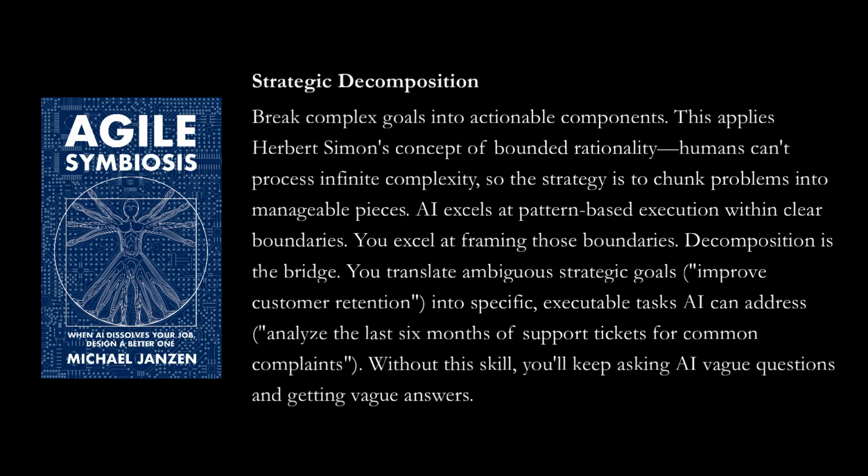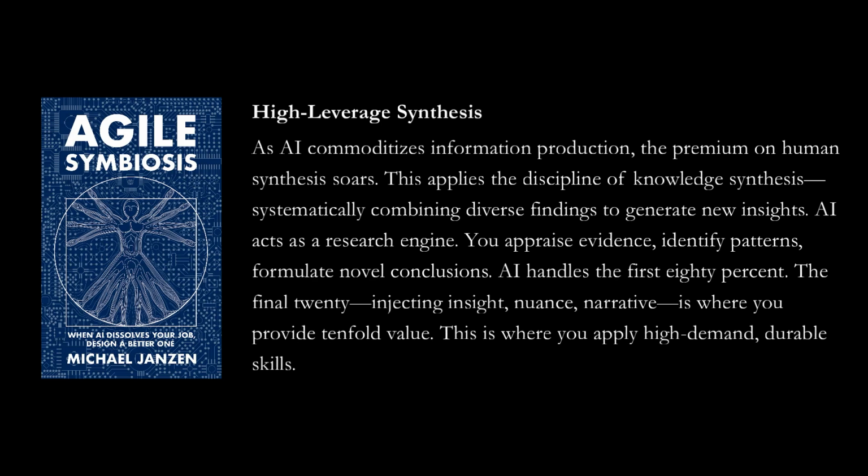You excel at framing those boundaries. Decomposition is the bridge. You translate ambiguous strategic goals, like improve customer retention, into specific, executable tasks AI can address, like analyze the last 6 months of support tickets for common complaints. Without this skill, you'll keep asking AI vague questions and getting vague answers.